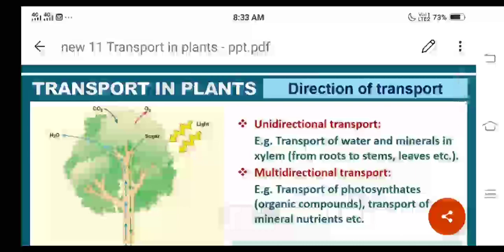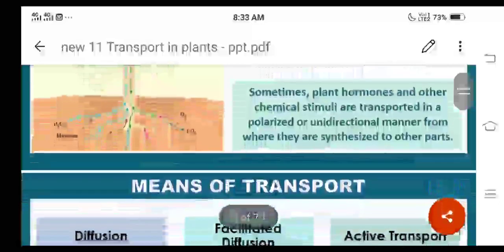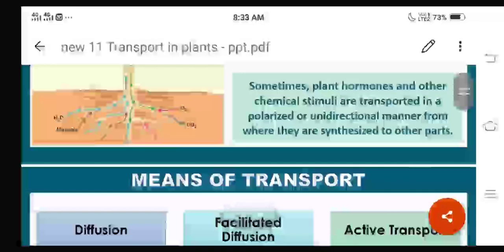And next one, sometimes plant hormones and other chemical stimuli are transported in a polarized or unidirectional manner from where they are synthesized to other parts.